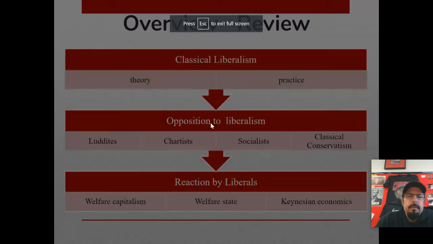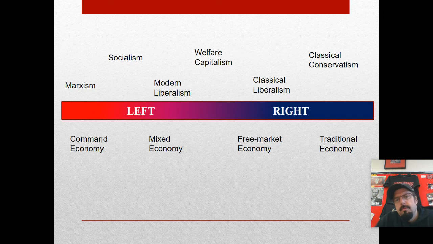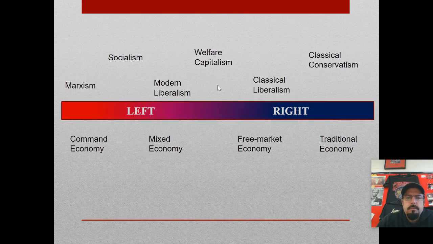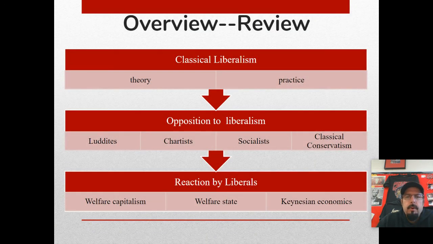So in review, you see this shift from classical liberalism to more modern liberalism. You can see where they kind of fit on a spectrum. You've got welfare capitalism, and the welfare state would be a little bit to the left of that. So in review, we have classical liberalism, in theory and in practice, which came out with the Industrial Revolution.